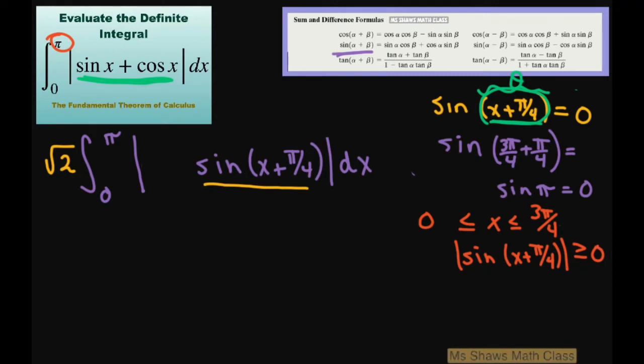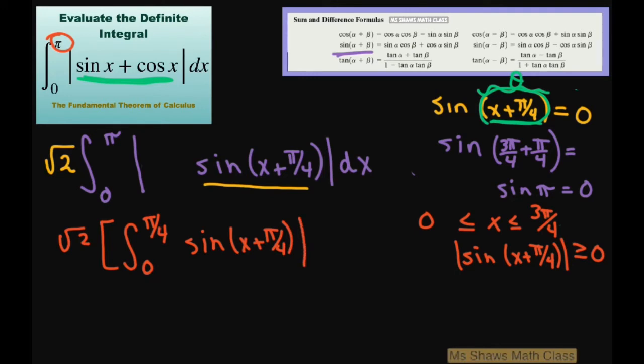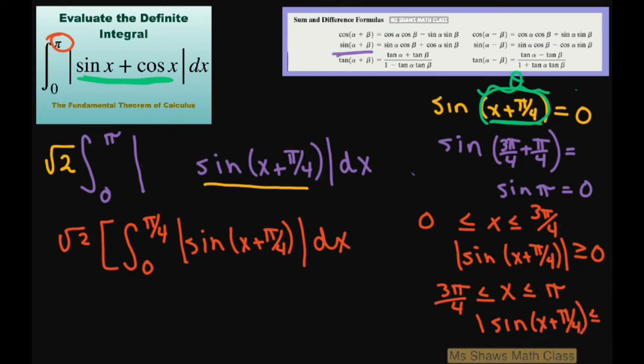So I can write this as the square root of 2 times the integral from 0 to 3 pi divided by 4, take away the absolute value signs and write sine of x plus pi divided by 4 dx. All right, and then we want to subtract. If x is between 3 pi divided by 4 and pi, then the absolute value of sine of x plus pi divided by 4 is going to be negative.